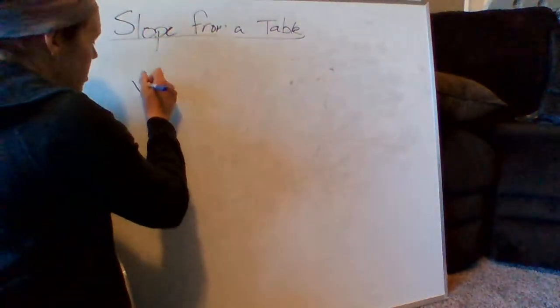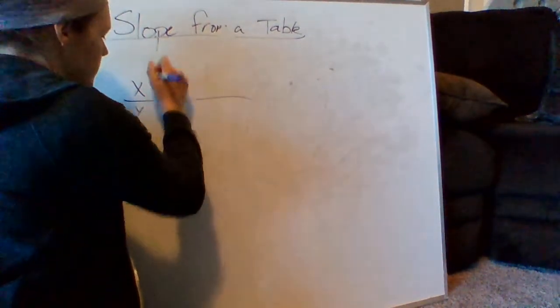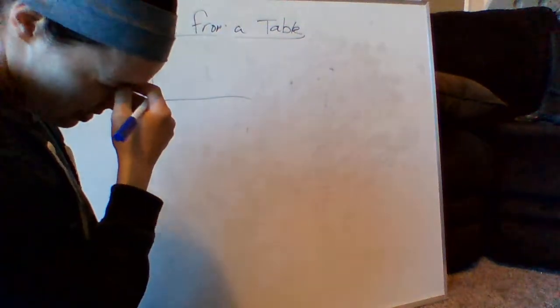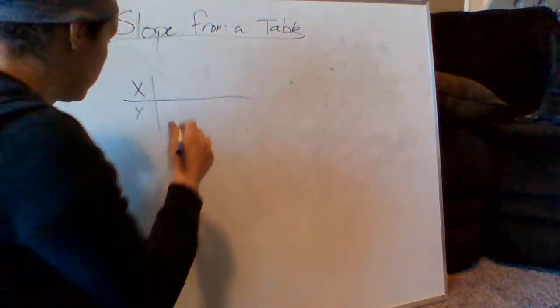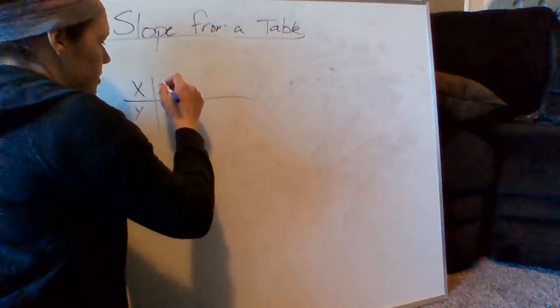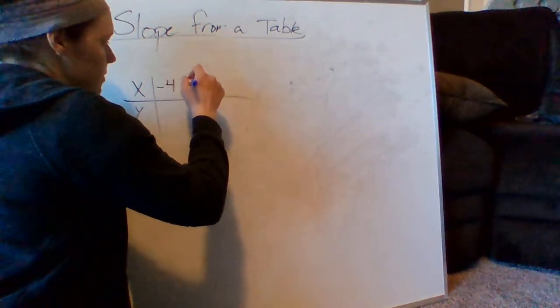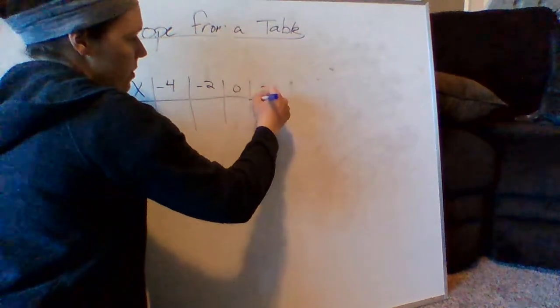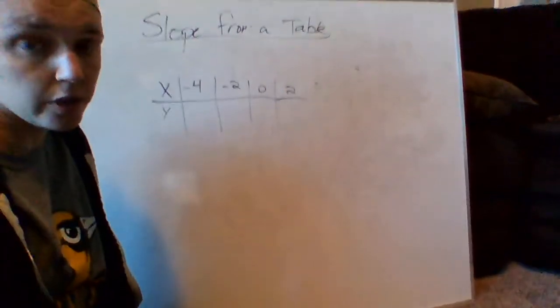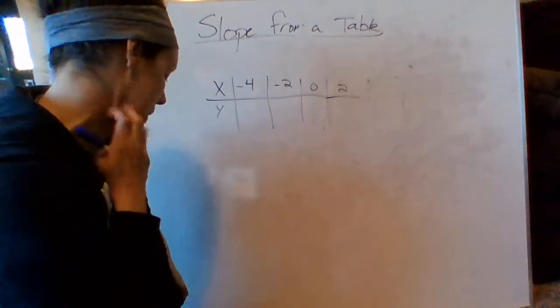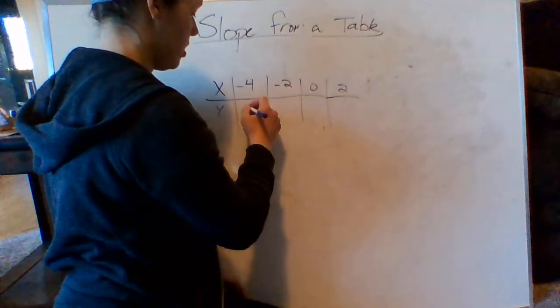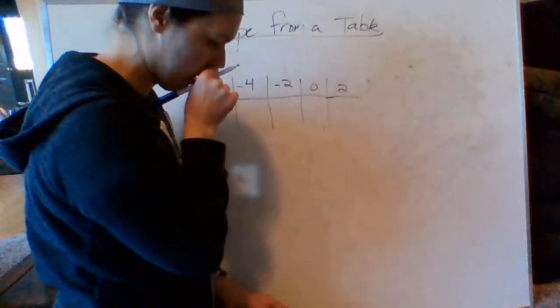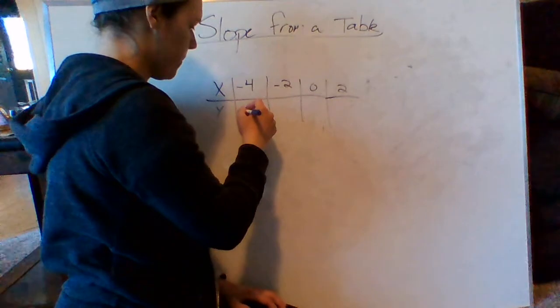So x, y. Let's say x is -4, -2, 0, and 2. And let's say my y's are -3, 0, 3, 6.